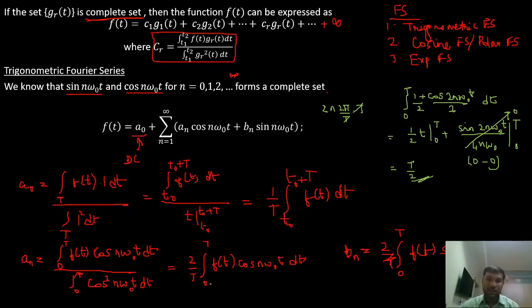These are the three formulas for a naught, an, and bn. A naught is equal to 1 by T integral t naught to t naught plus T, or integral 0 to capital T f of t dt. An will be 2 by T integral 0 to T f of t cos n omega naught t dt, and bn is going to be 2 by T integral 0 to T f of t sin n omega naught t dt.